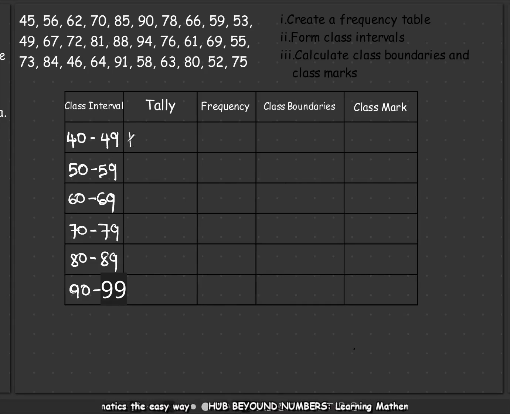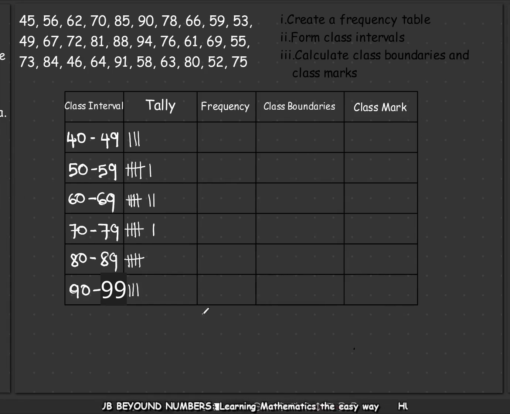Then this one here, 49. So 49 is also within this interval. Then 73 falls here, right? So I'm going to pause, take my time, and then do this quickly. You can also pause as well and then do it and compare to what I am getting here. Okay, so this here is what I've got for my tally, right? And I do hope you also got the same as well.